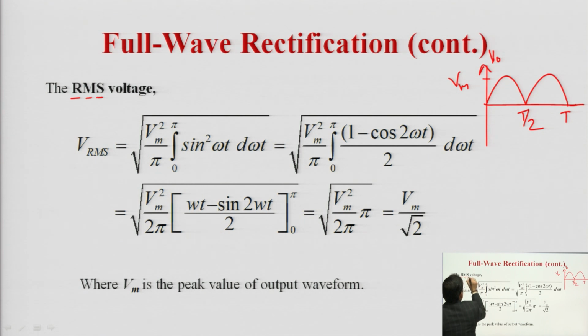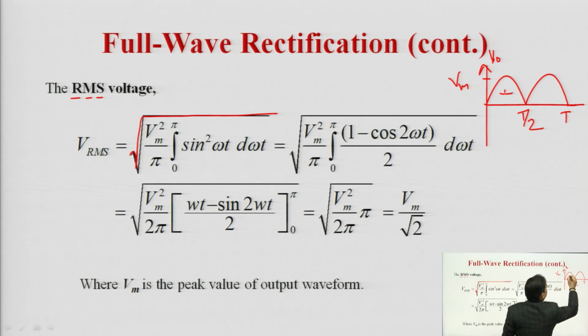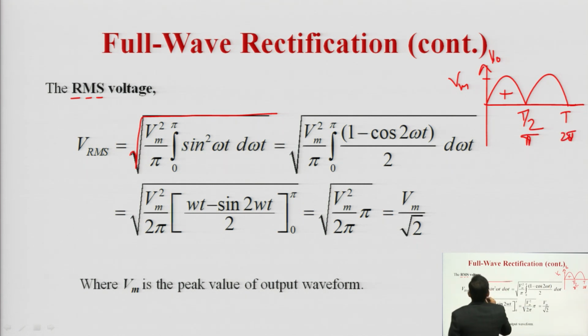First we have a root, now we have the mean. Clearly this waveform repeats after a period of T by 2, or you can say this will be pi and this will be 2 pi. So we have the mean, which is 1 by pi, and we have the square: Vm sin omega t whole square, with respect to d omega t.